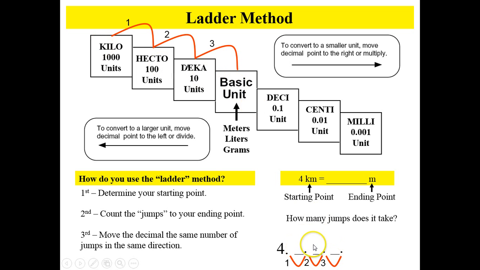Now what do we do with these empty spaces? In those empty spaces, you would fill in zeros. In this case, we have 1, 2, 3 zeros to fill in. So 4 kilometers is equal to 4,000 meters. It's 2 ways of saying the exact same distance.